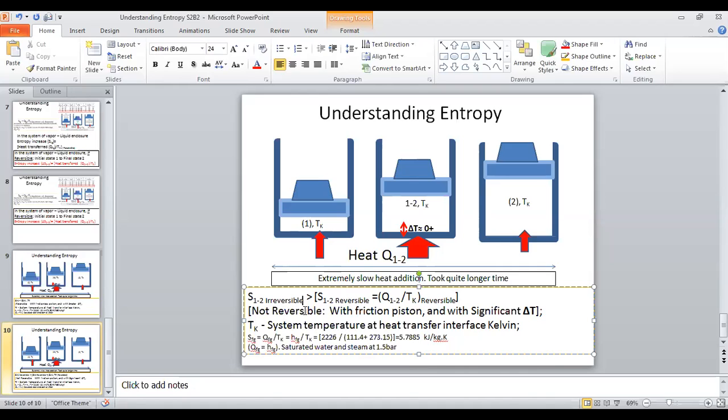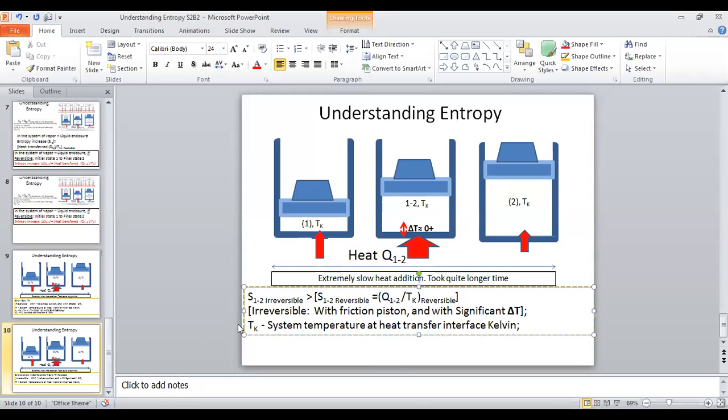Irreversible means not reversible. Irreversible means with friction piston with significant delta T. So this is the point. For you to consider S12, the entropy increase when the system is irreversible is more than the entropy increase when the system is reversible.